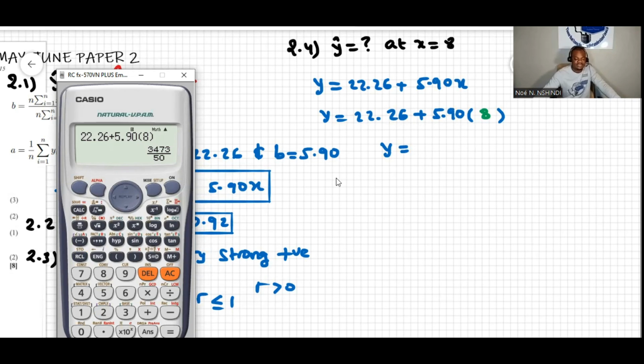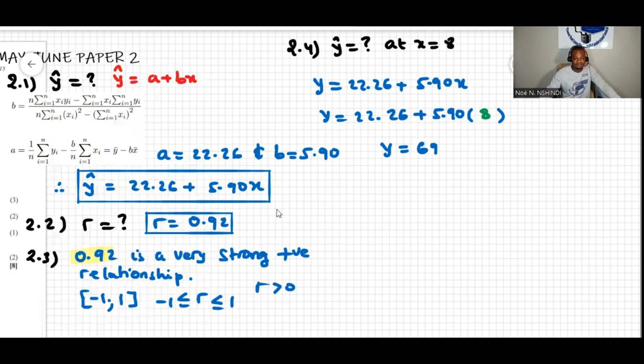I have the fraction here, so I have to press the S-D button. This will give me the percentage, which is like 69.45%.